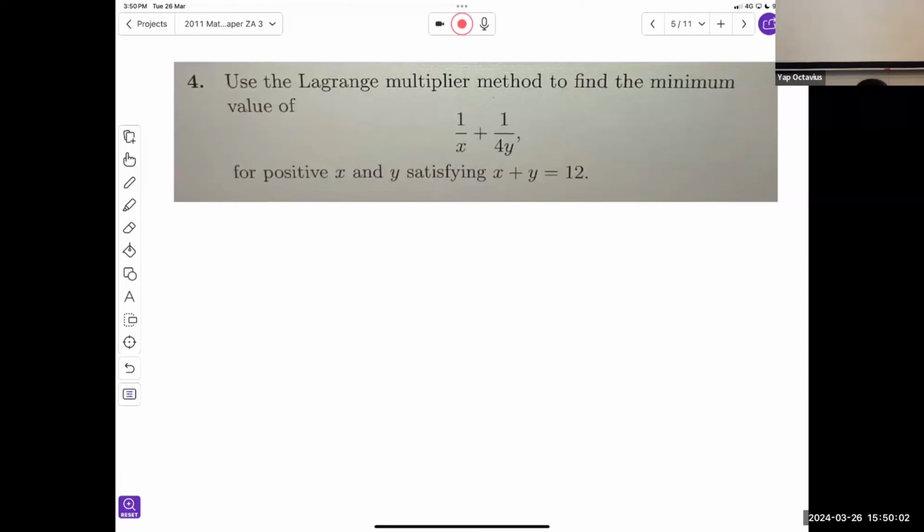Some of you are not worried. Some of you are very unsure what to do. Okay. Set up the Lagrange. Don't just wait for me. You have to set up. I see some of you writing the way that's for differentiation. Very good.